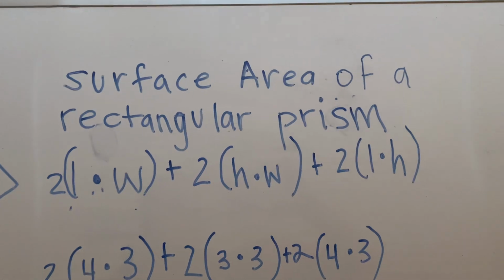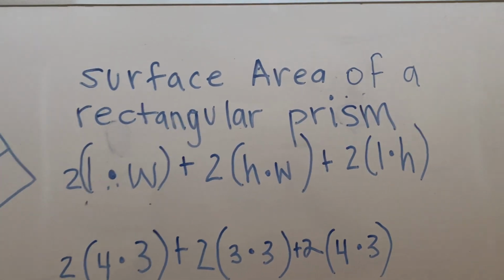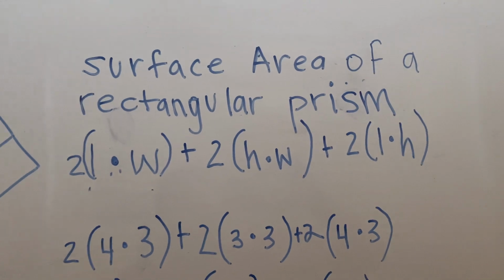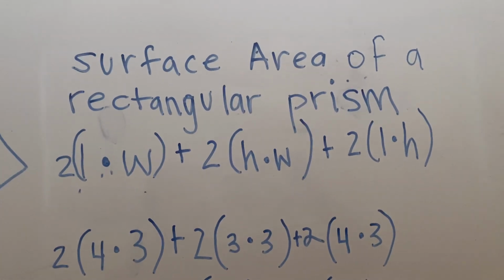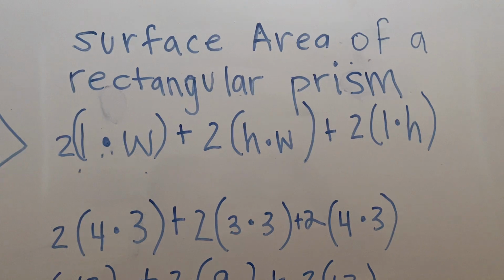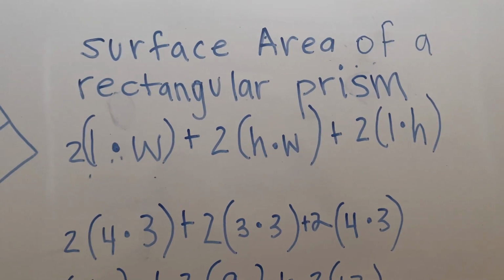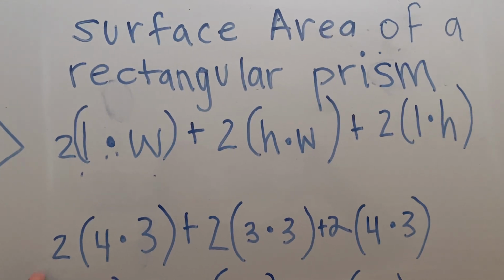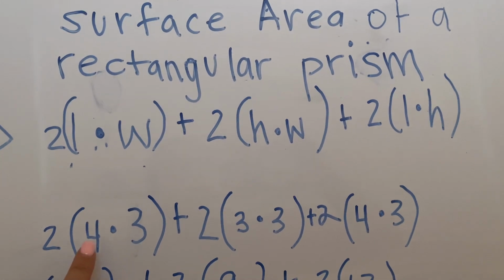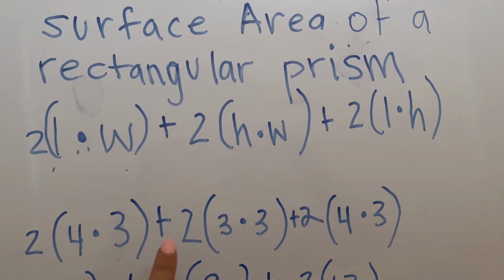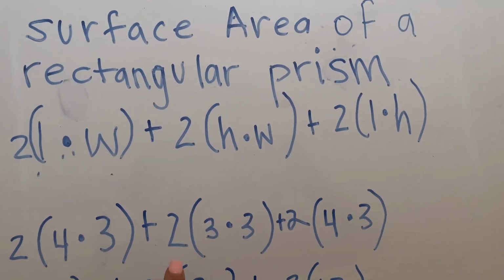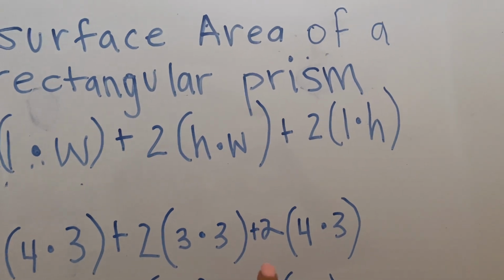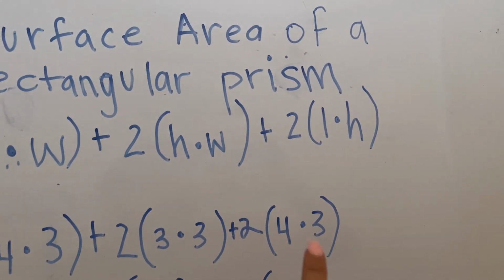Now, I realize that my rectangular prism has 4 sides that are identical, but I wanted to show how you would do it normally. So now we're going to plug our dimensions into the formula. So we're going to do 2 times 4 times 3 plus 2 times 3 times 3 and 2 times 4 times 3.